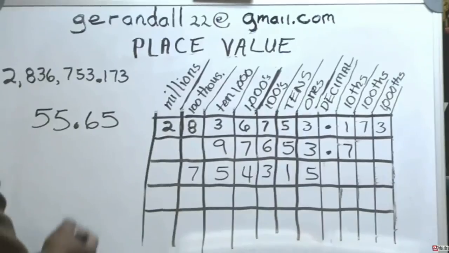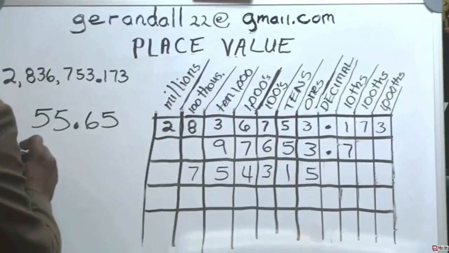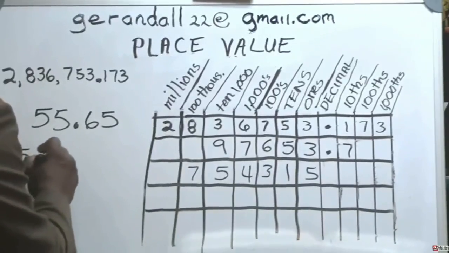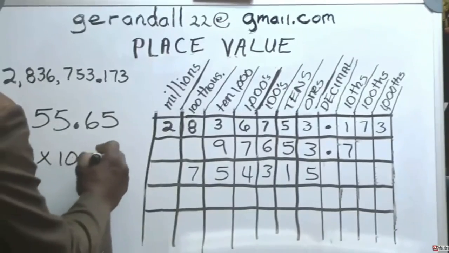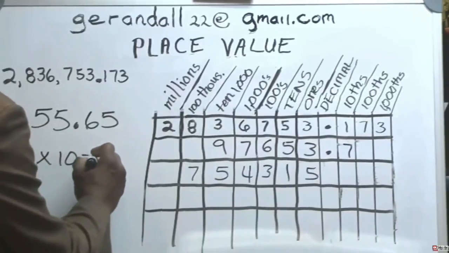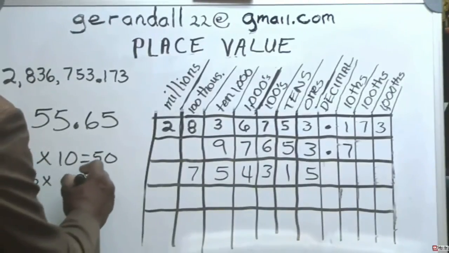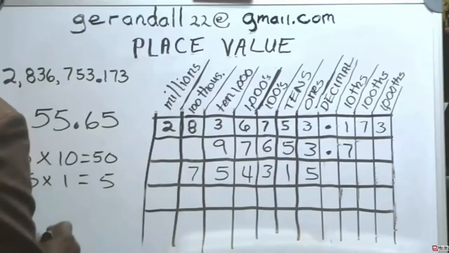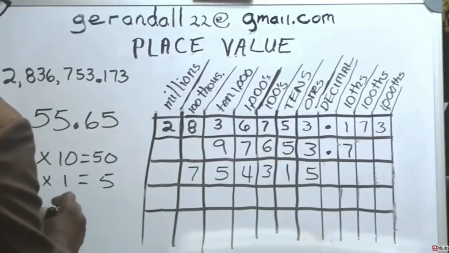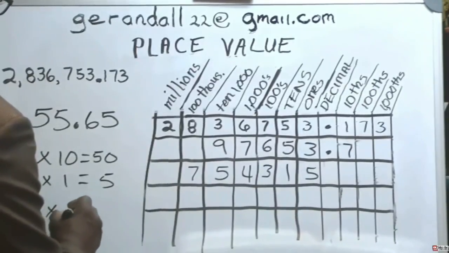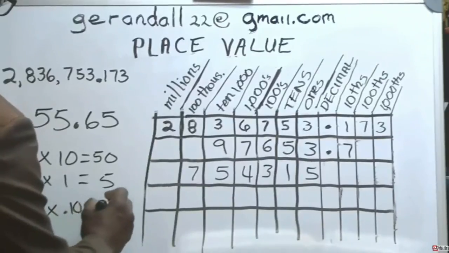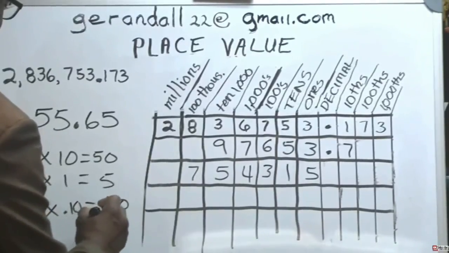And again, if we do it in expanded form, that's 5 times 10, which is 50. 5 times 1, 5. 6 times 1/10, which is 60 cents.